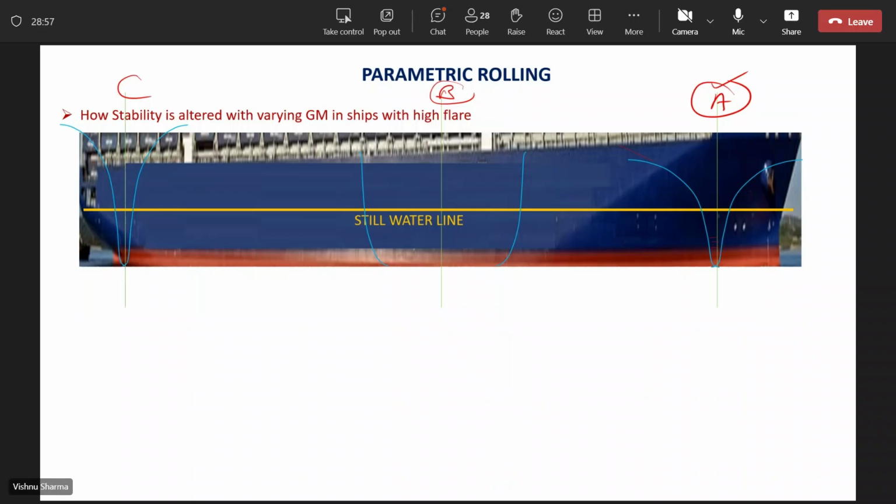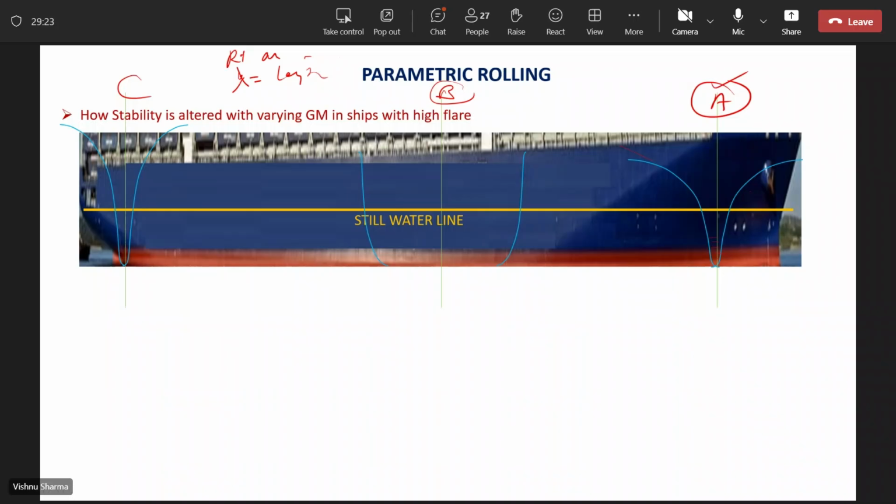Now, because of this excessive flare, what happens? Now, suppose the vessel encounters a wave from right ahead or nearly ahead, and the wavelength is equal to, let us say, the length of the ship in this case.